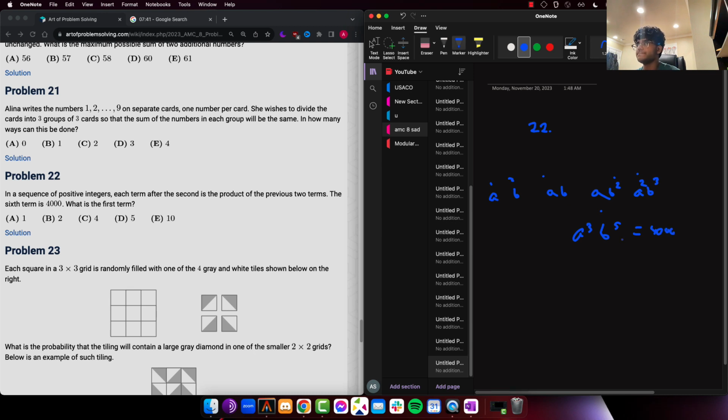Okay, yeah, so 4,000 is 10 cubed times 4. 4 is 2 squared. 10 is 2 times 5, so 2 cubed times 5 cubed. So it's 2 to the 5th times 5 to the 3. So B is 2, A is 5. The first term is 5, it's D.